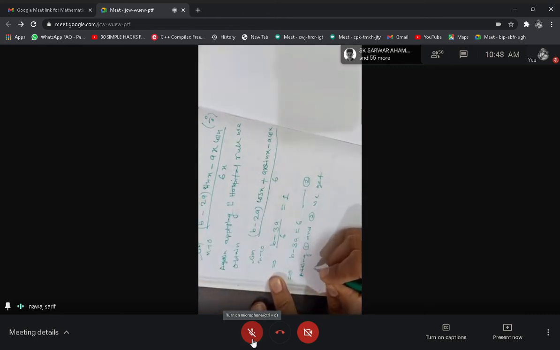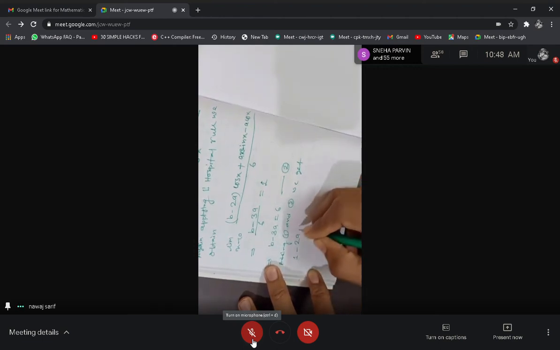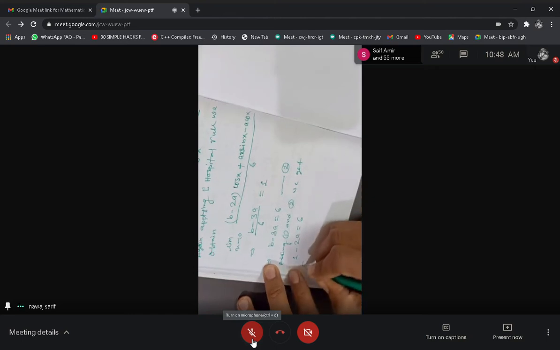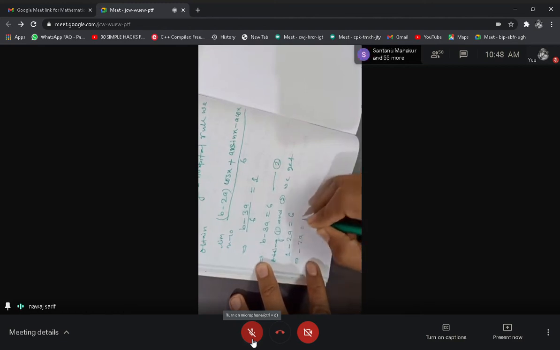Then 1 minus 2a equals 6. And this implies minus 2a equals 5. So a is minus 5 by 2, and just find the b.